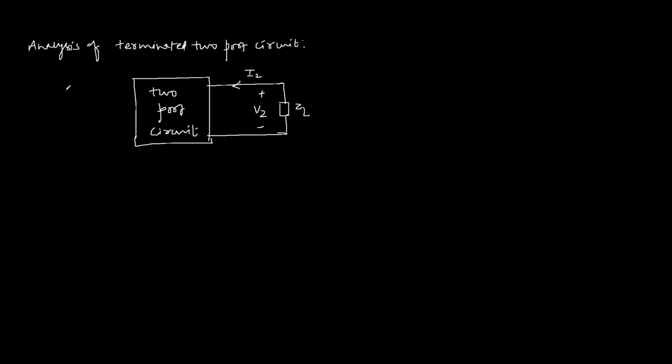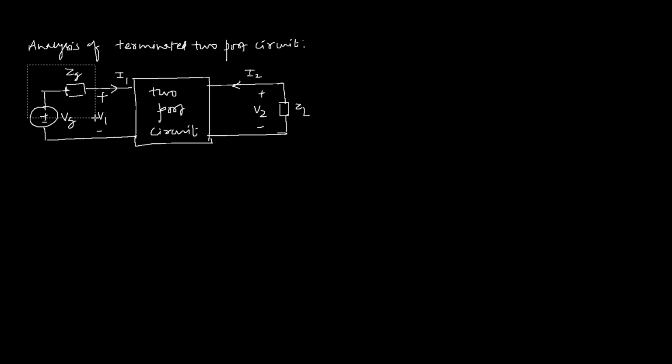And at port 1, we have an external source with voltage VG in series with series impedance ZG. Voltage at port 1 is V1, current is I1.